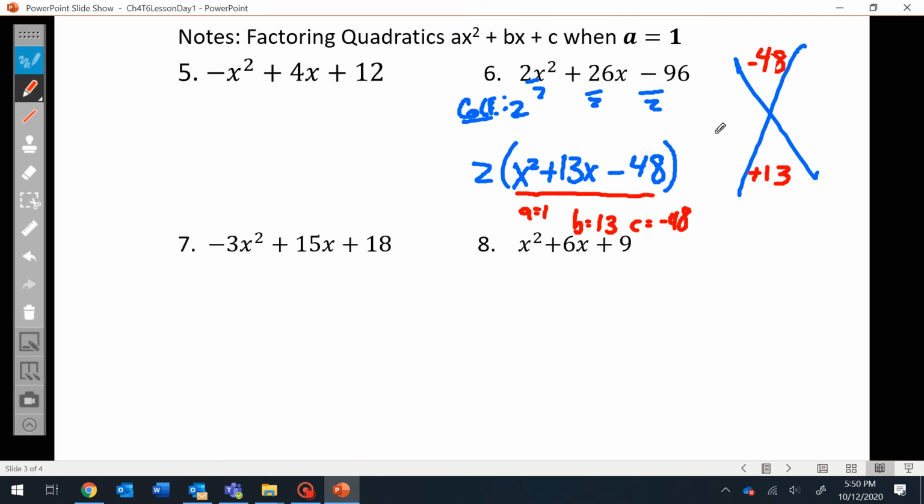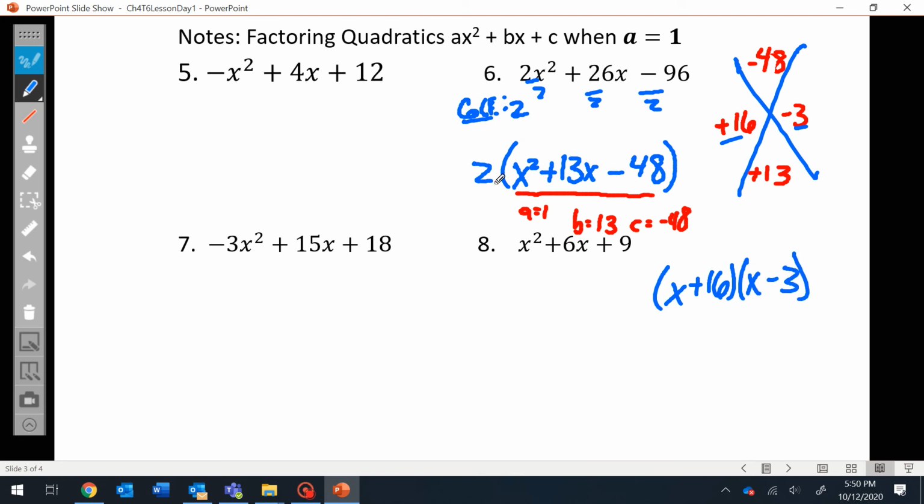Those numbers are +16 and -3. So the two factors of x squared plus 13x minus 48 are x plus 16 and x minus 3.